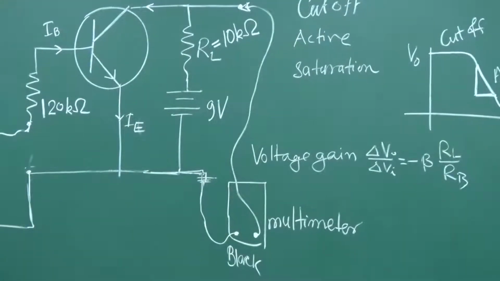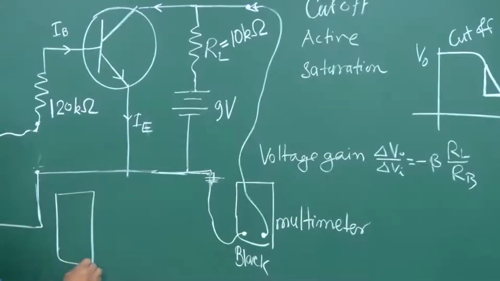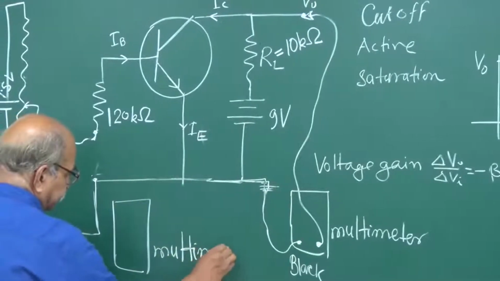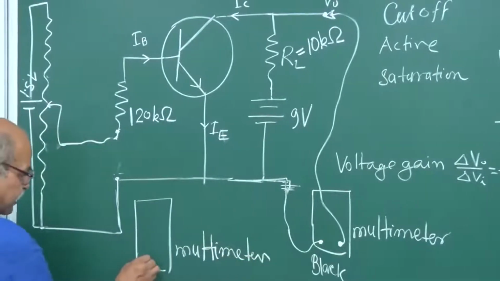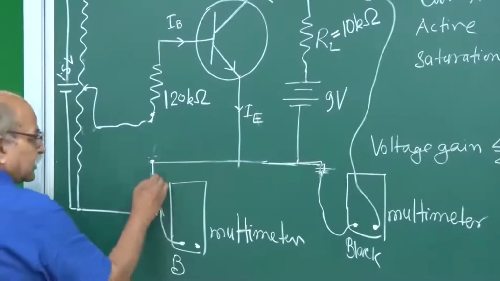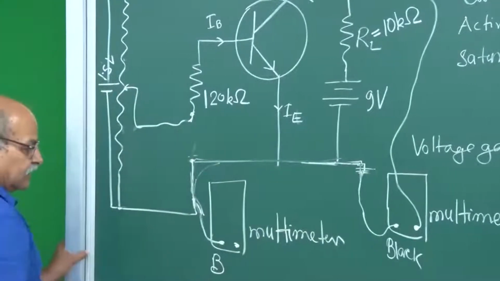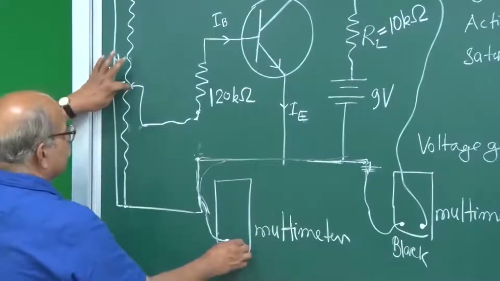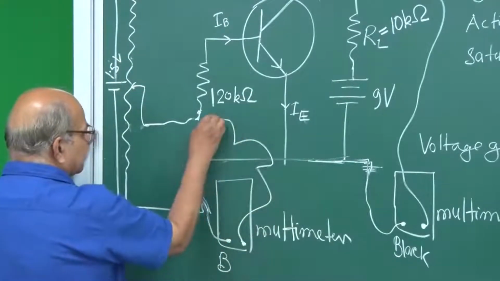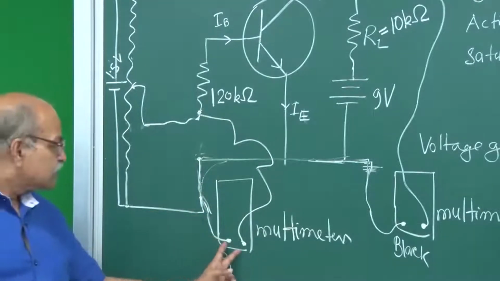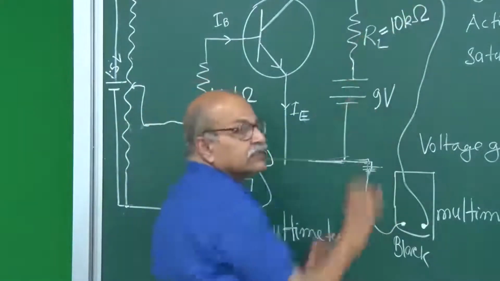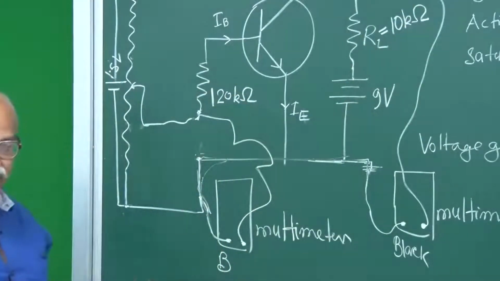Similarly, we have to measure VI, so we will take another multimeter. Here also you have a black terminal and a red terminal, and the black one will be connected to this 0 voltage line somewhere, and the red one, which has to measure VI, should be connected to this point. Okay, so this is measuring this voltage, and this is measuring this voltage. So this is the circuit. Keep this in mind, and now we start the experiment.